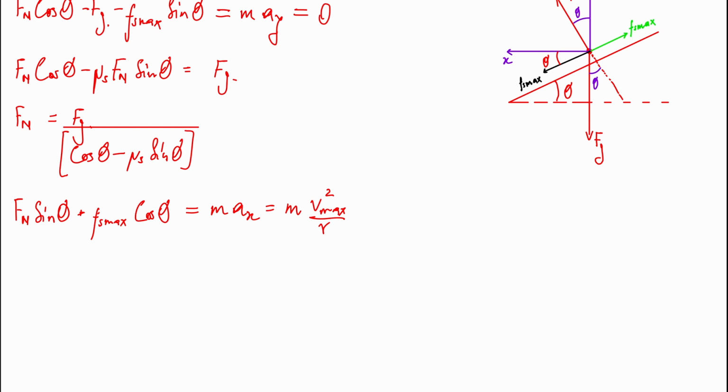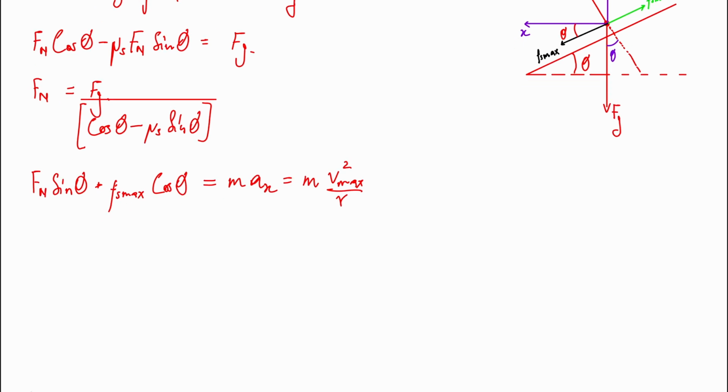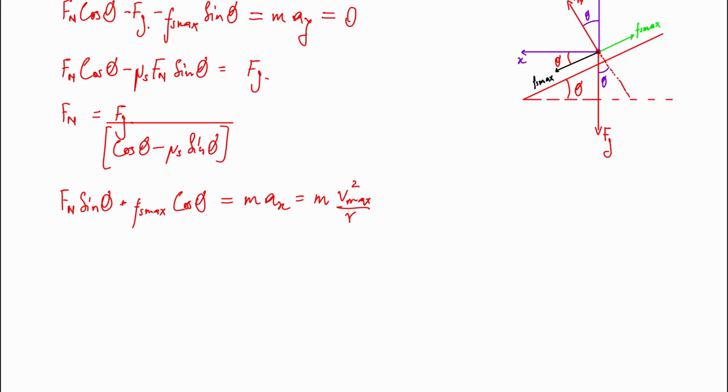We know that's given by v squared, the speed squared, divided by the radius of the turn in question. Let's do exactly the same thing we did in the y direction, and let's unpack what this means. This is nothing more than mu s times Fn, which means we're going to have Fn sine theta plus mu s Fn cosine of theta.